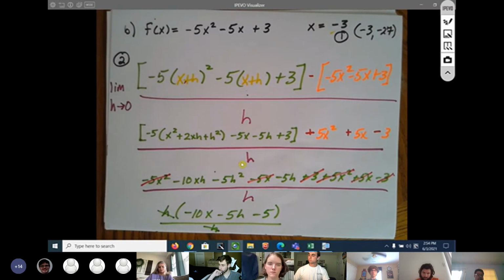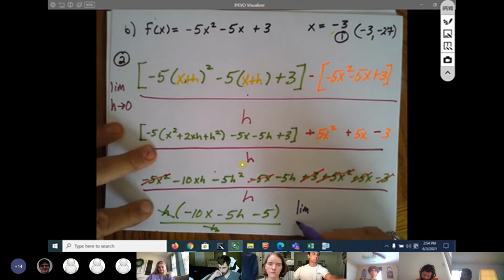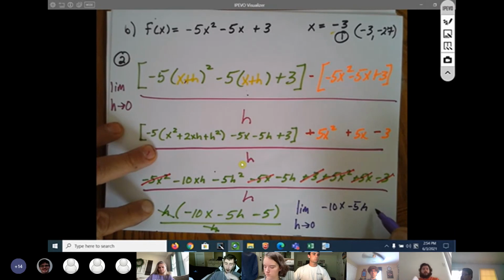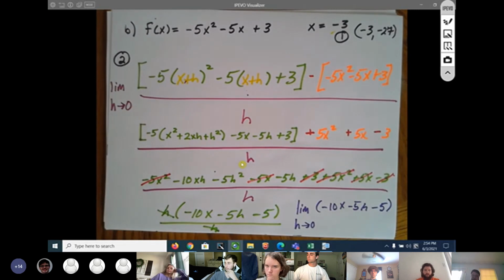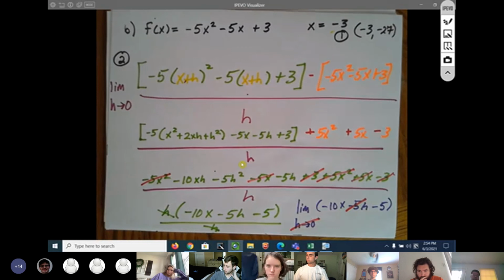So, limit as h approaches 0 of negative 10x minus 5h minus 5. And what happens to the h term? It goes out, because of the h going to 0.